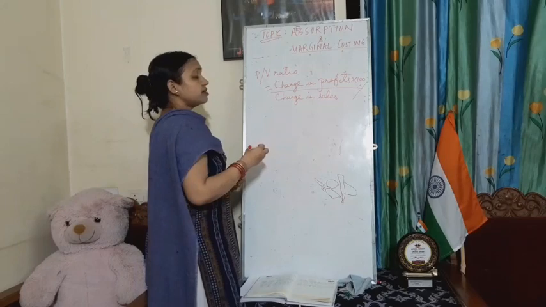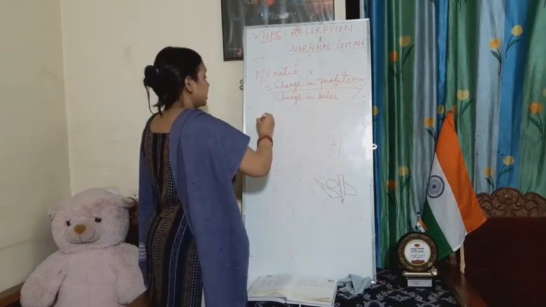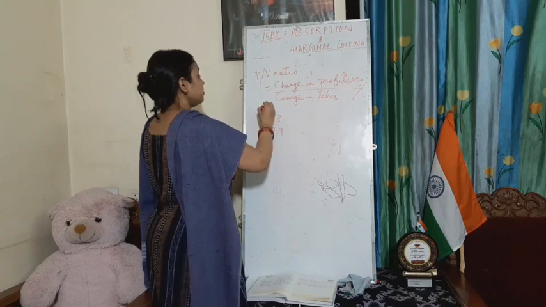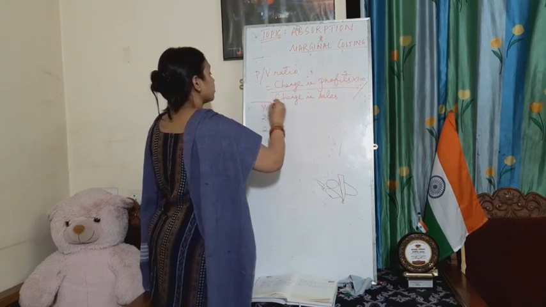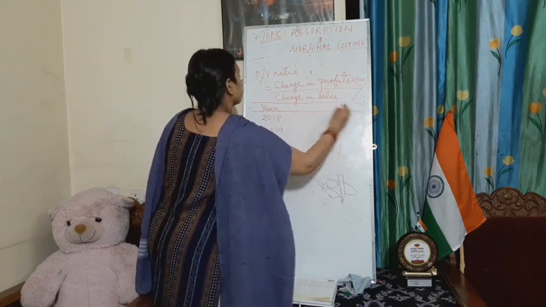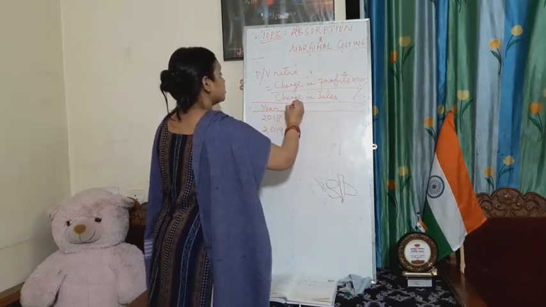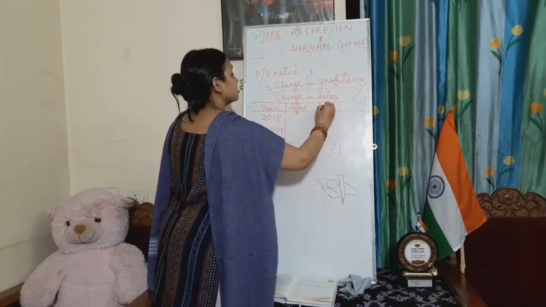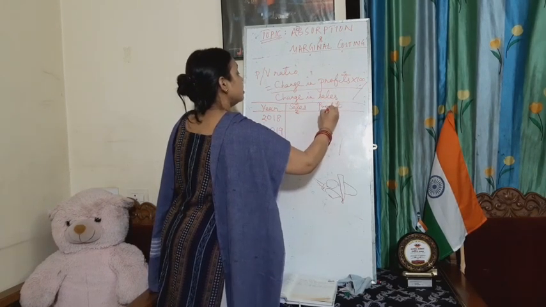Suppose we are given the data for 2 years, 2018 and 2019. These are the year column, and the figures of sales are given to us in rupees, and the figures of profit are given to us in rupees.